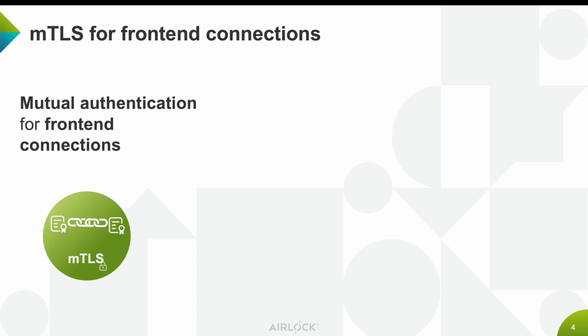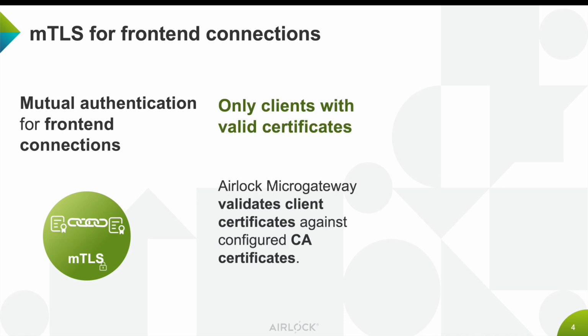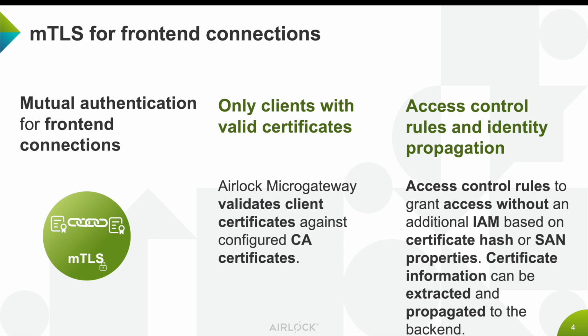mTLS for front-end connections is now available in Microgateway 4.8. Only clients with valid client certificates can establish a connection to Microgateway. So only certificates signed by the configured certificate authority are valid. Access control rules allow you to define who can access a certain path or application based on the certificate properties.